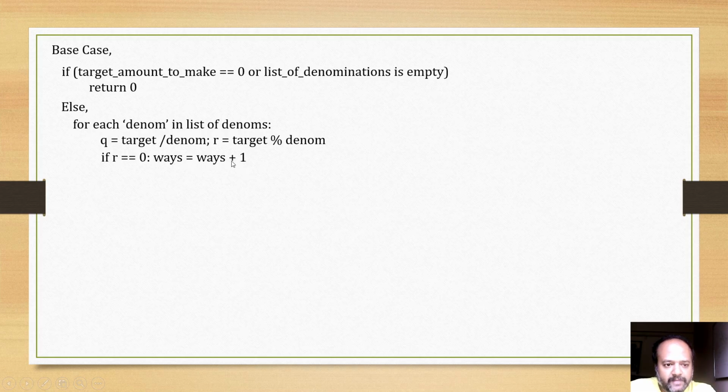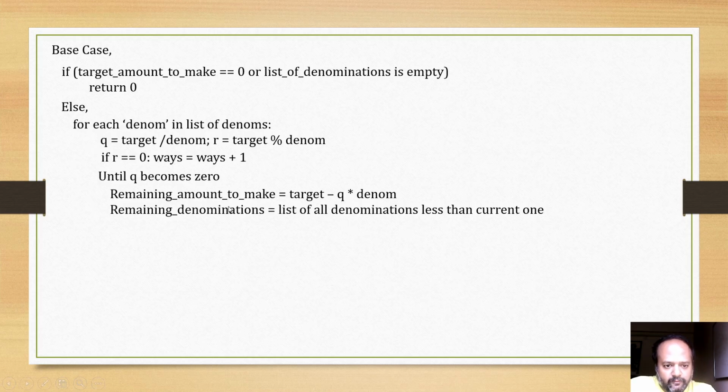So increment it, until the quotient becomes 0. What is the remaining amount to make? So the remaining amount to make is, you subtract from the target every possible combination of the quotient into the denomination. That's the remaining amount to make.